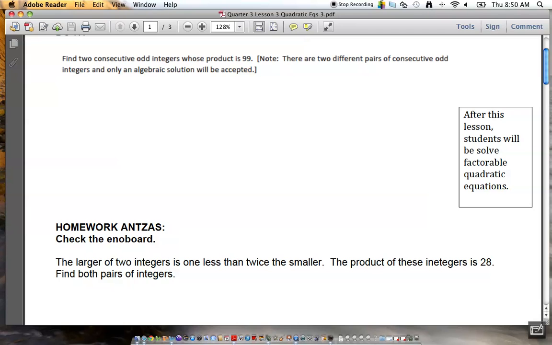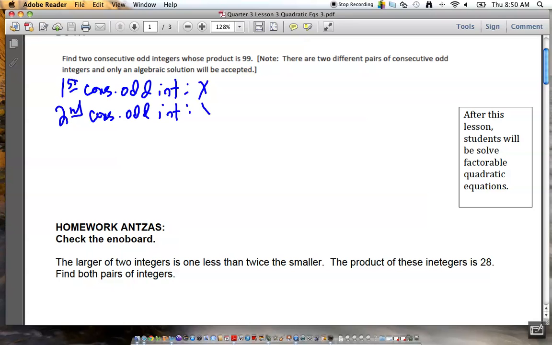Now, as soon as that says consecutive odd integers, what are you thinking? I would go so far as to say first consecutive odd integer and second consecutive odd integer, and as Hunter said, x and x plus 2.